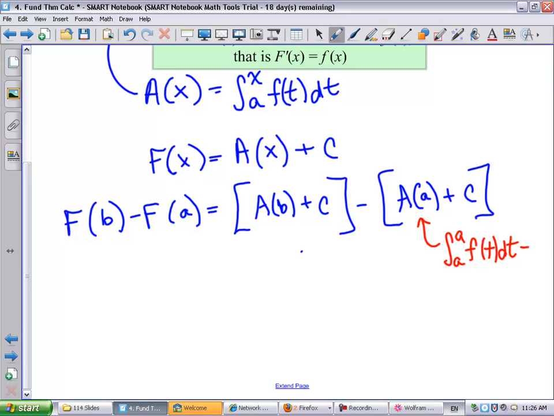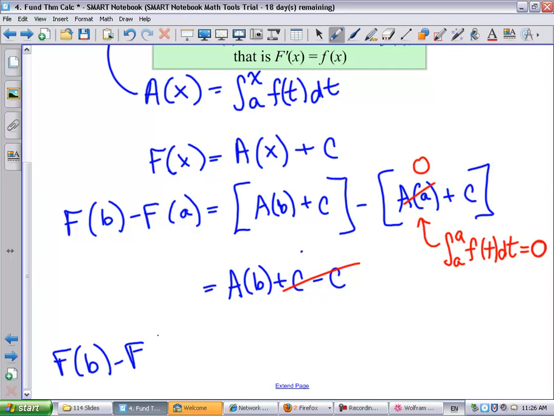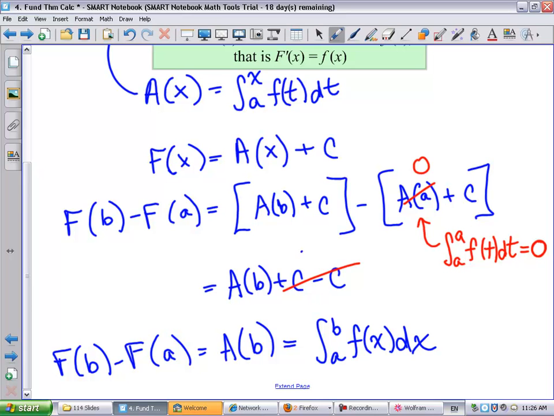The amount of area there is 0. So this is just 0. So you're looking at capital A of b plus c minus c, and plus c minus c is just 0. So what this says is that capital F of b minus capital F of a is equal to capital A of b, which is the integral from a to b of f of x dx, or f of t dt, whichever dummy variable you want to stick in there.